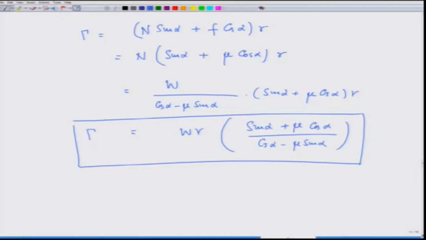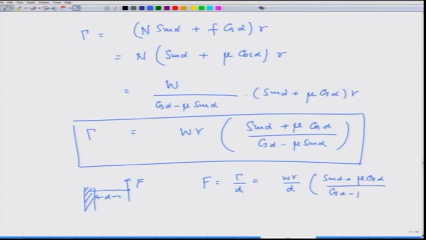Now, as you saw in the animation, this torque is applied by a lever. So, here is the screw, and if I have a lever on which I apply a horizontal force F, and this distance is d, then the force required would be equal to tau over d, which is equal to W r over d times sine alpha plus mu cosine alpha over cos alpha minus mu sine alpha.